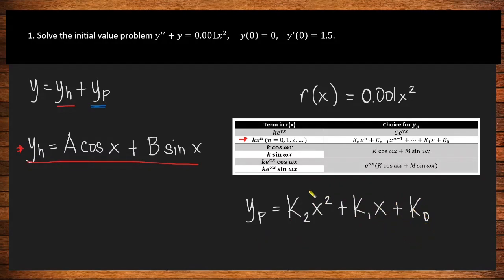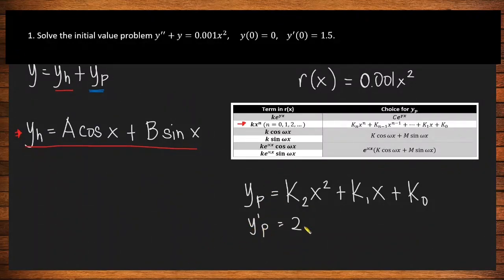Okay, so next is we are going to determine the value of these coefficients. So, kukunin natin yung value ng k sub 2, k sub 1, and k sub 0. Now, in order to do this, yung gagawin lang natin is we will simply substitute this equation and its derivatives into our non-homogeneous ODE.